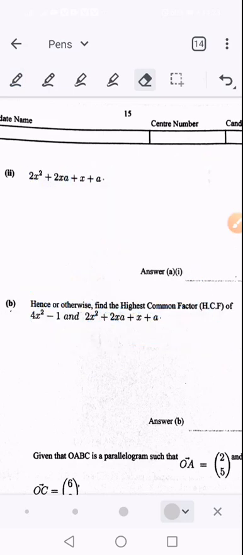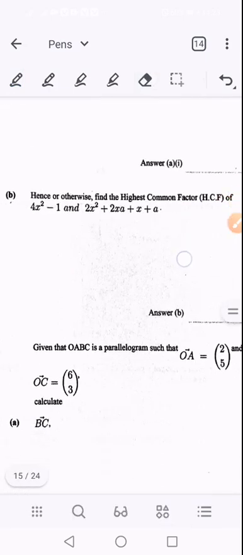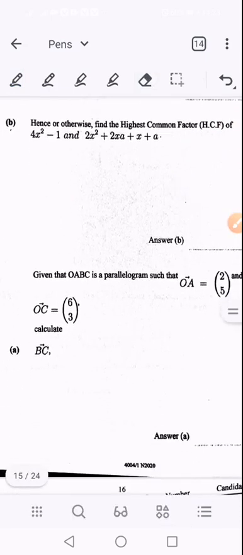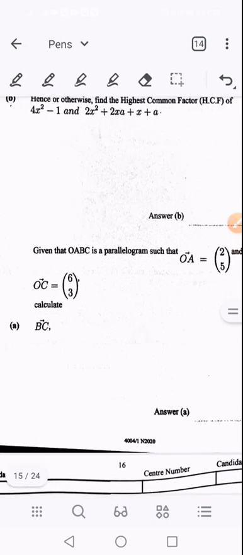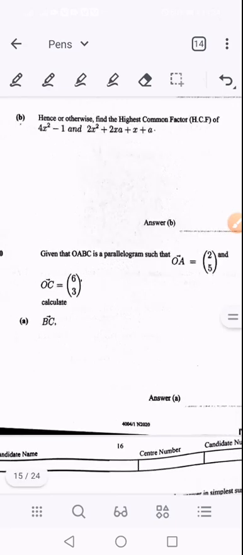This question is simple again: hence or otherwise, find the highest common factor, HCF, of these. Please listen to me.